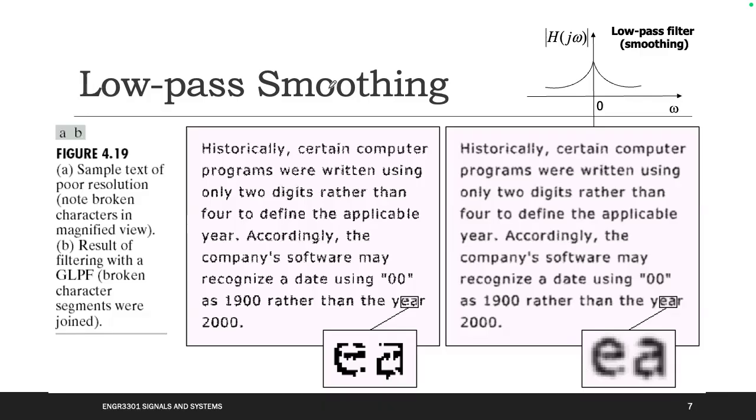You can see the filtering is very useful for many areas. This is just for image processing. This image is very unclear, but you can apply the low pass filter to remove the noise, which means you only save the low frequency signal but remove the high frequency signal.